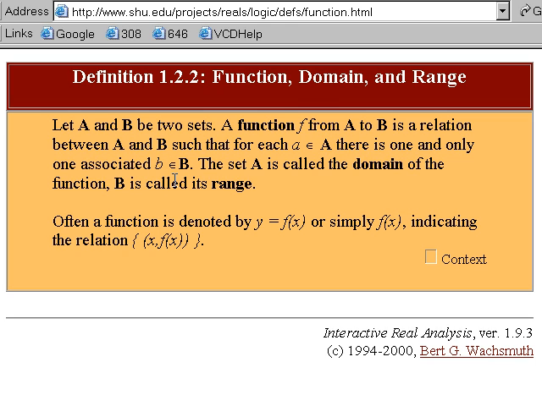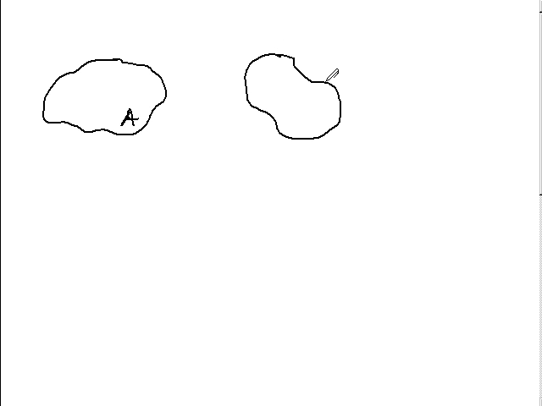Often you'll see this done in terms of a picture, intuitively. We have some set here that may not actually be in two dimensions, but we'll just denote it by A, and some other possibly different set here, B. If we have some element here, a, and some element here, b, f just takes this element and associates it with that element.